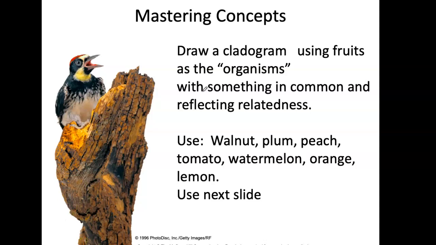One last thing I want you to try and do here is to draw a cladogram using fruits as the organisms with something in common and reflecting relatedness. So what does that mean?